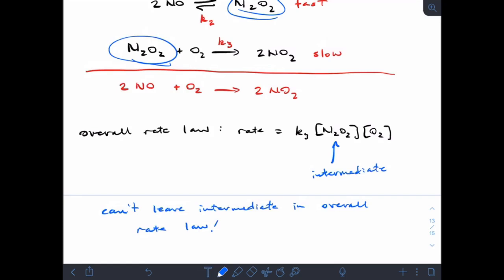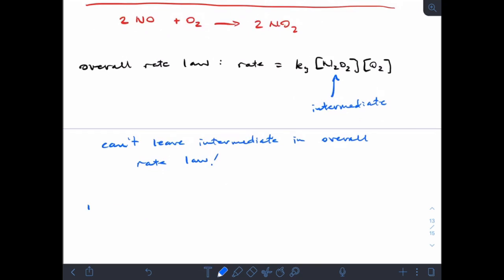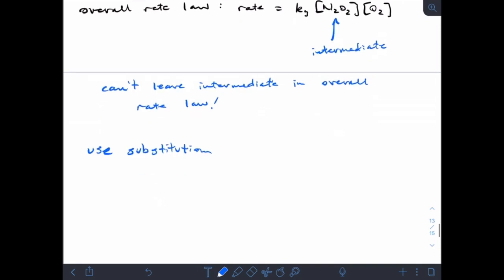The slow step still governs the rate, but with N2O2 being an intermediate, we need to do something about that. So we're going to use substitution. What this is based on is that at equilibrium, forward and backward reactions have the same rate.